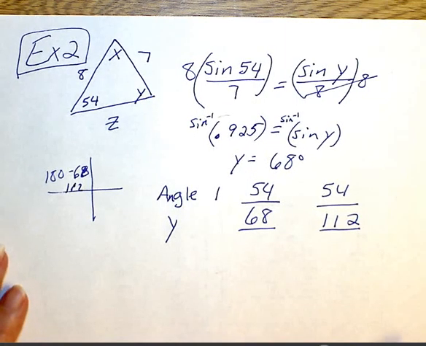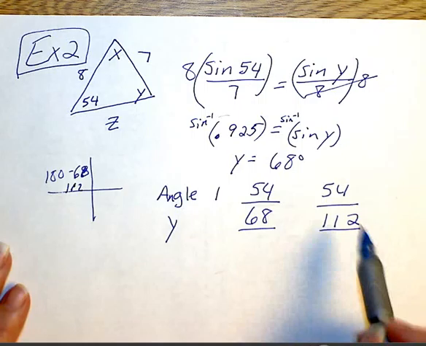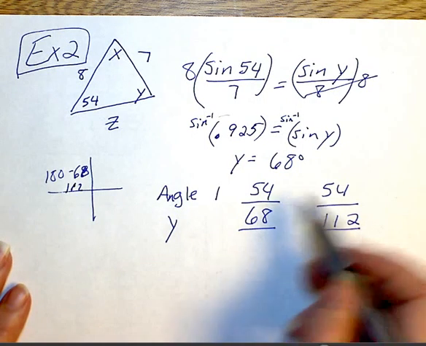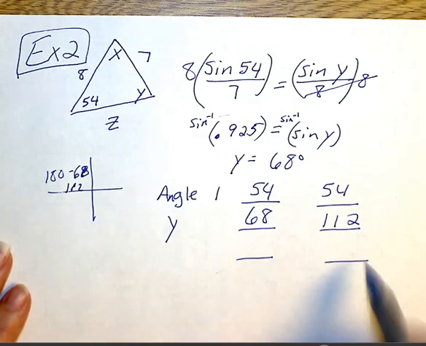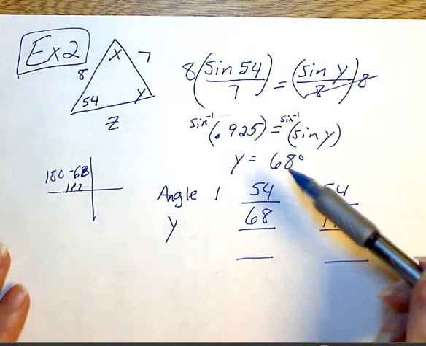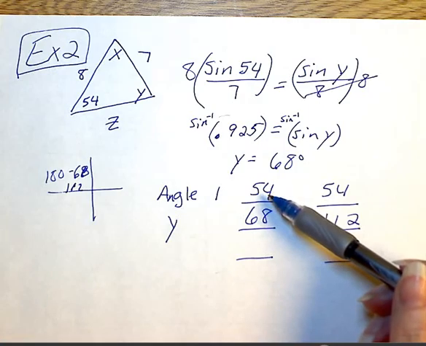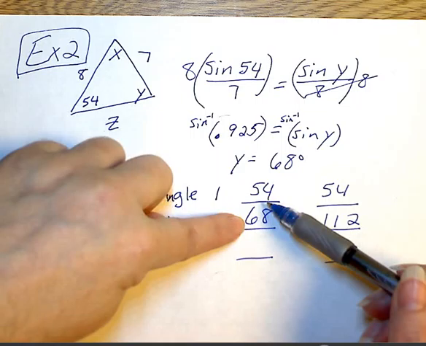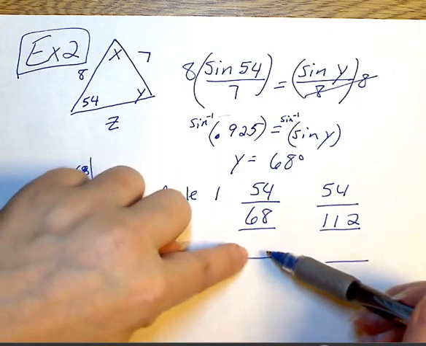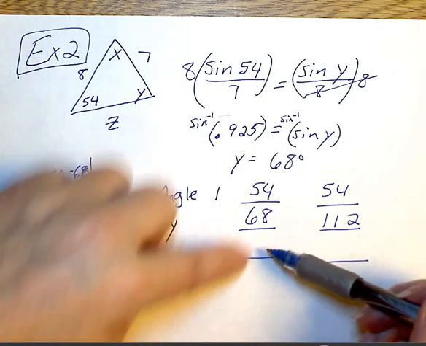What we have to do is find out, is there a way that we can have a third angle? All three angles have to add up to 180. So if you add these two together, if there's anything left over from your 180, it's a triangle.